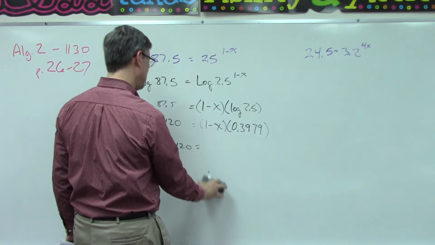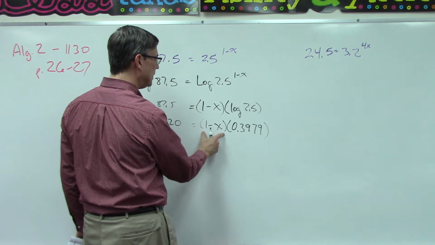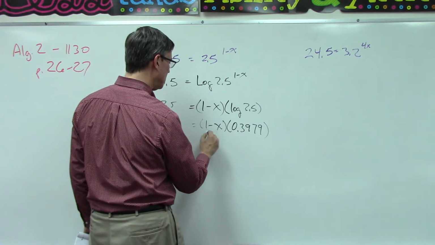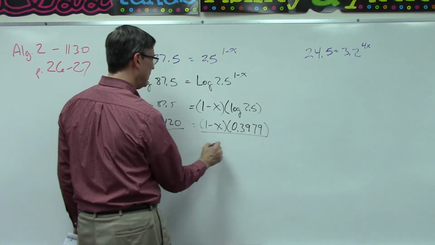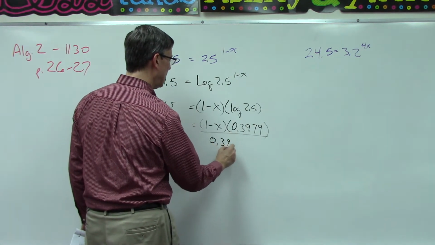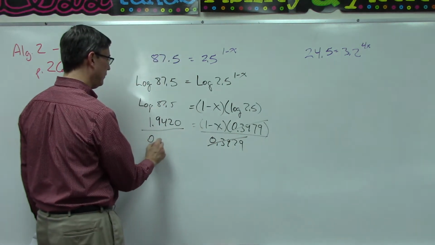Let's go back to this step right here. Because we have this times this, we're going to divide right now by 0.3979 so that cancels that. There we go.